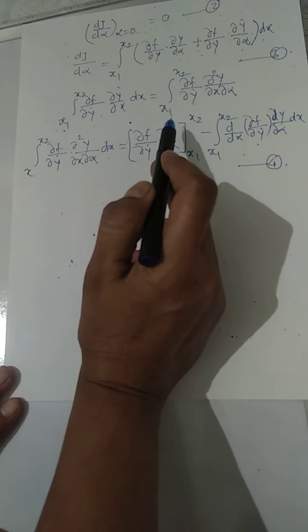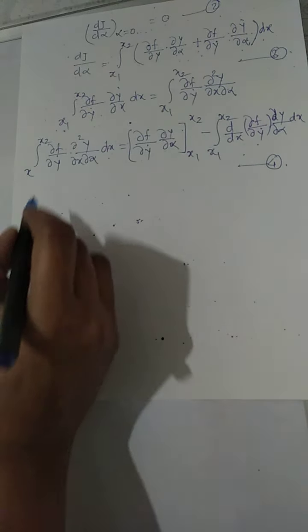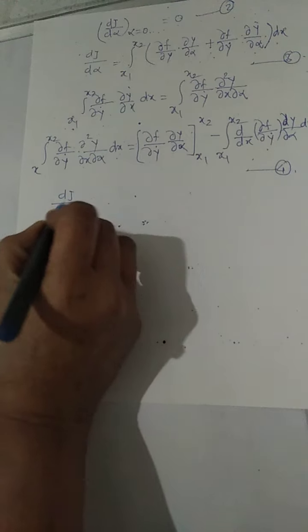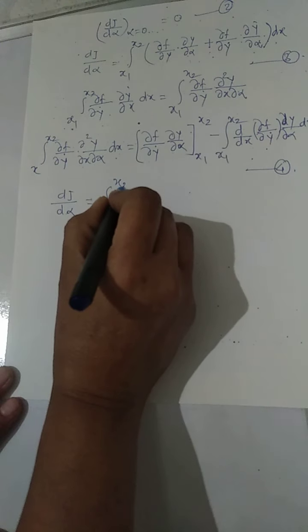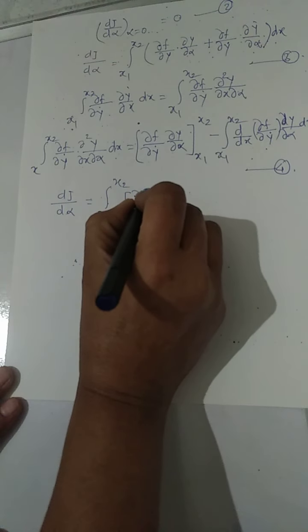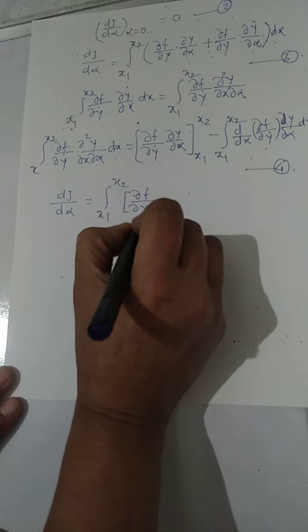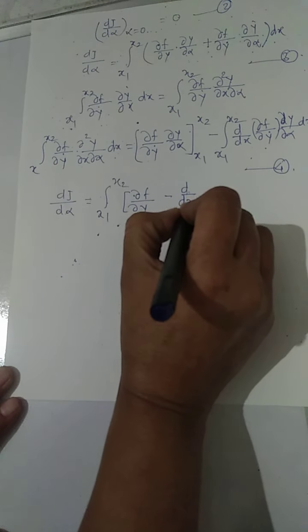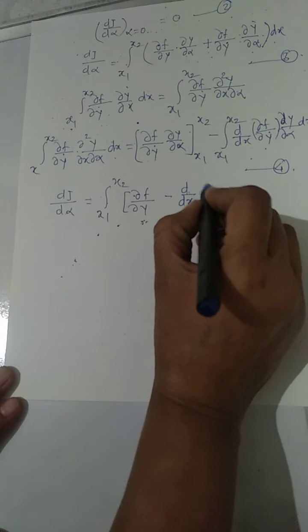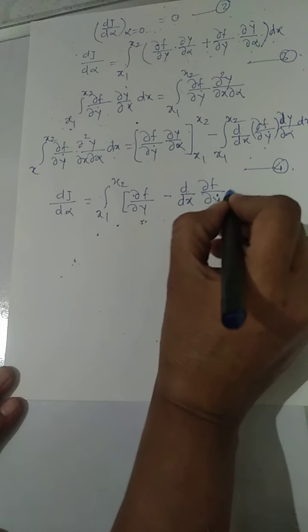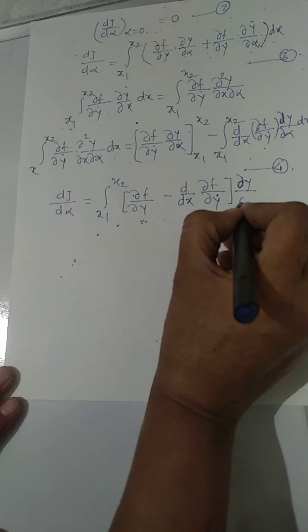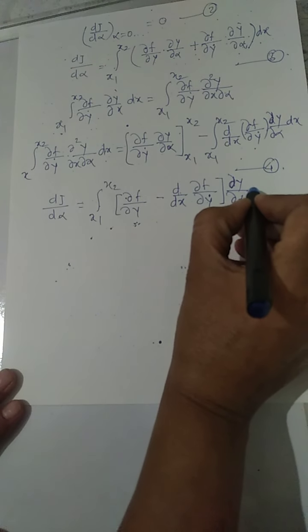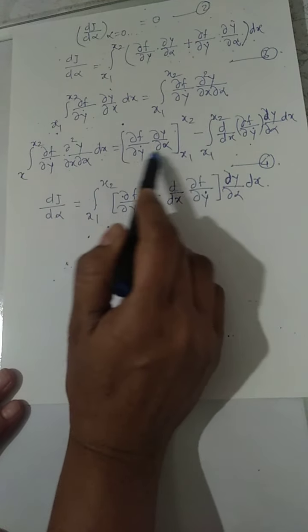Then equation 3 reduces to the form dJ/dα equals the integral from x1 to x2 of ∂f/∂y minus d/dx of ∂f/∂ẏ, times ∂y/∂α dx.